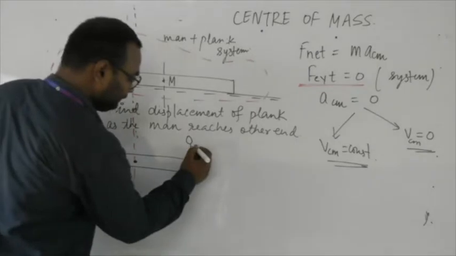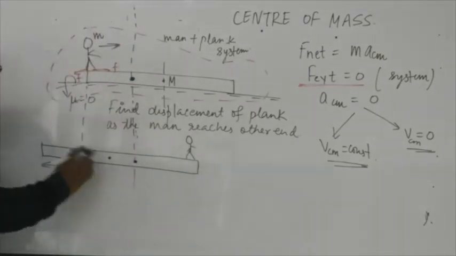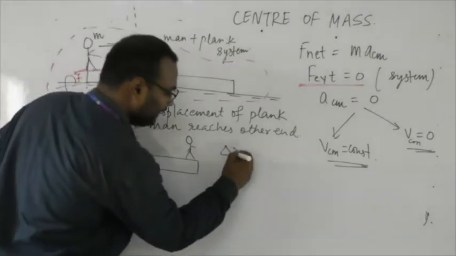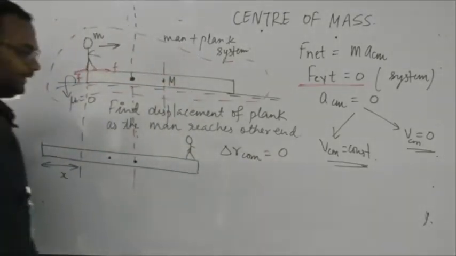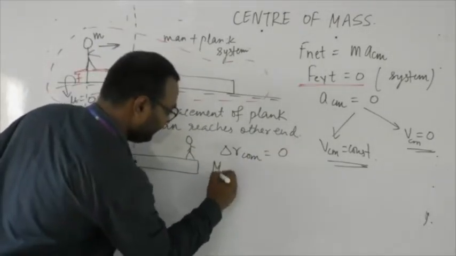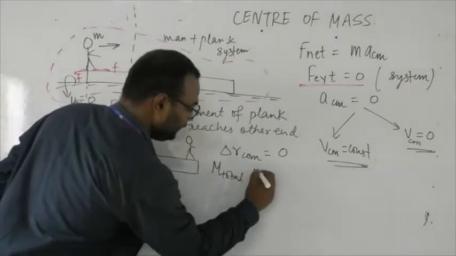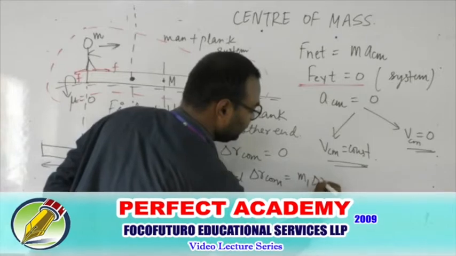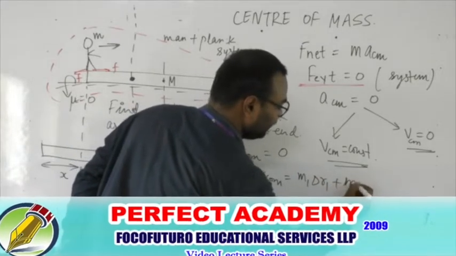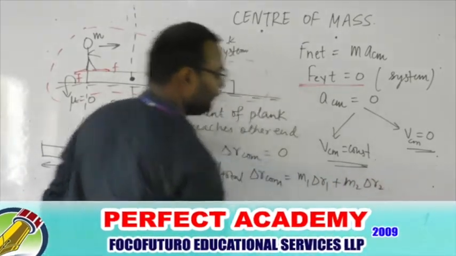Since the center of mass remains at rest, delta r of center of mass is 0. From the center of mass formula, m total into delta r cm is m1 delta r1 plus m2 delta r2.